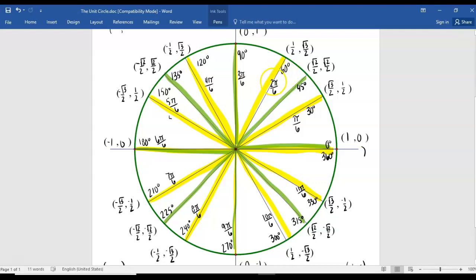Now, 2 pi over 6, that reduces. It'll reduce to pi over 3. So we want to fix that one, either cross it out or erase it and put pi over 3. 3 pi over 6, what would that reduce to? Pi over 2. So that would be pi over 2.